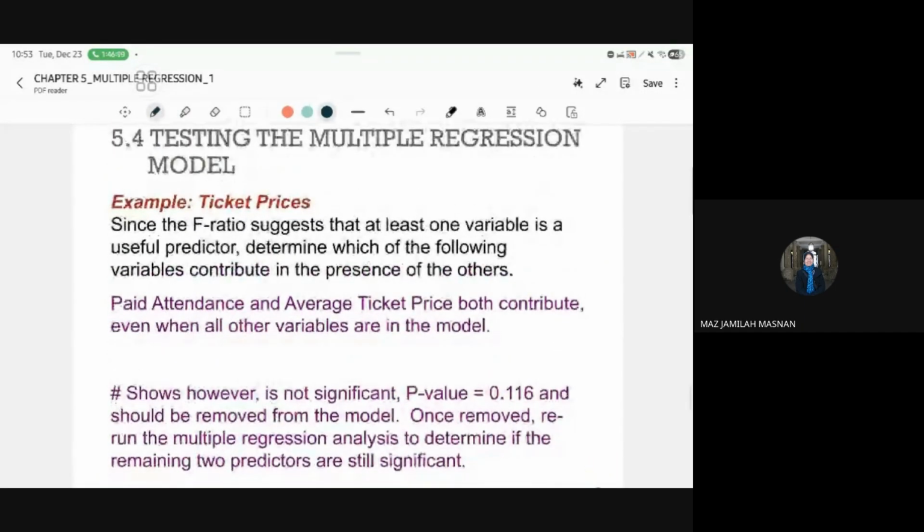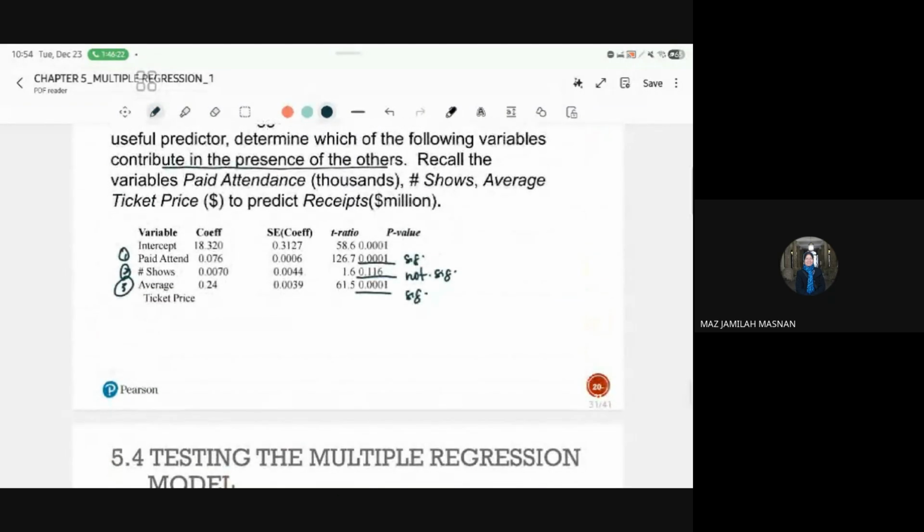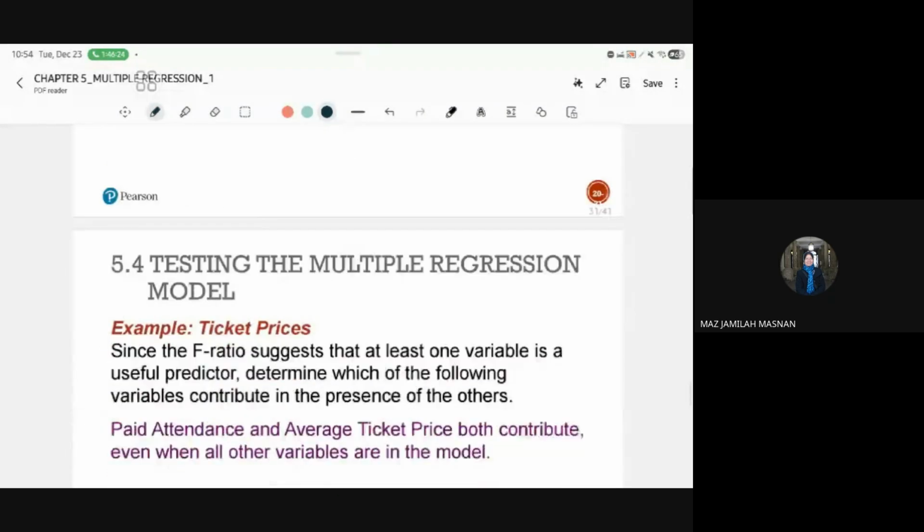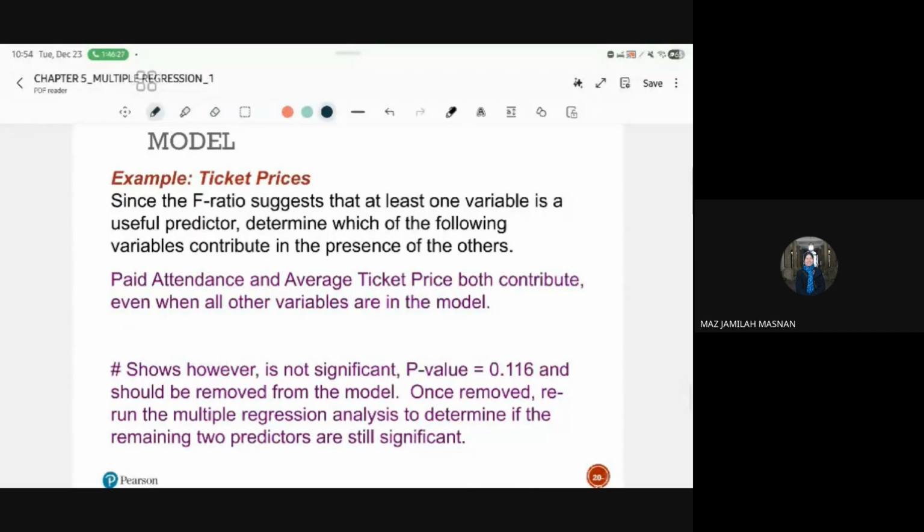Since the F ratio suggests at least one variable is a useful predictor, determine which of the following variables contribute to the presence of others. Paid attendance and average ticket price contribute even when all other variables are in the model.